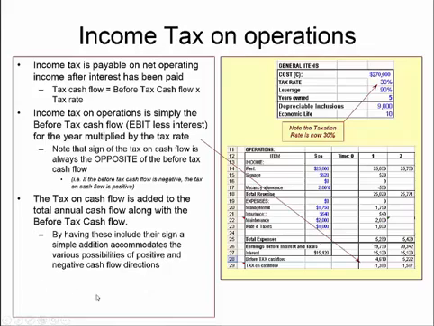The sign of the tax on cash flow is simply always the opposite of the sign of the EBIT less interest. Now, we don't have to worry about what happens when it goes negative, because when it goes negative, we're assuming that you're making a tax loss on your property investment, and that's reducing your salary, your income from your day job, your regular business, your primary form of income.